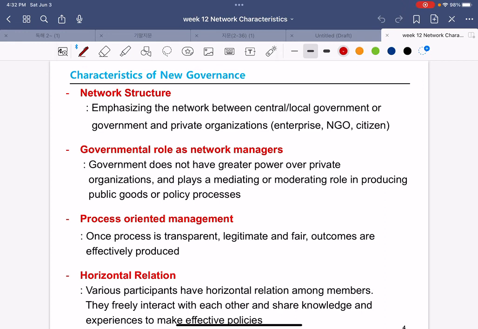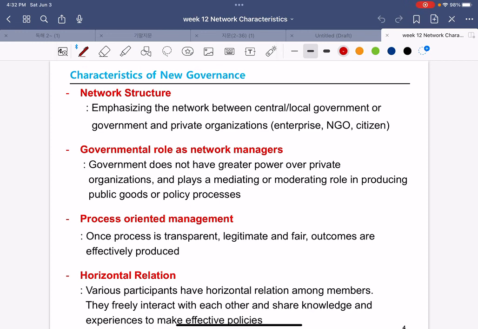Basically, the structure is based upon networks, because the different actors are engaged in the governance. Public enterprise, private enterprise, NGO, citizens, making some partnership to provide public services.